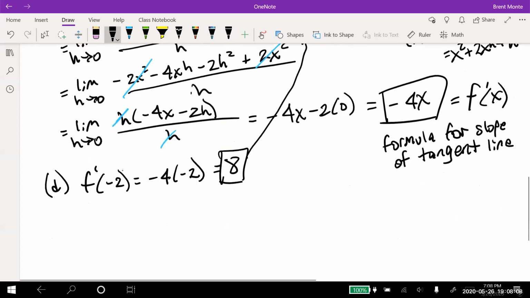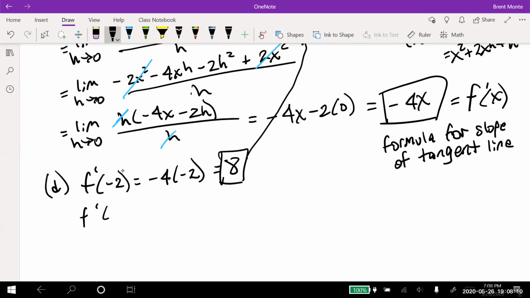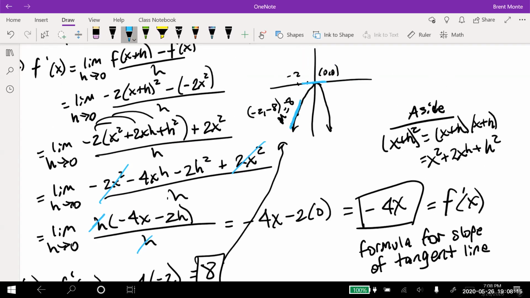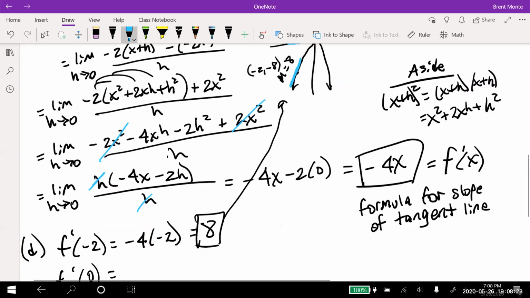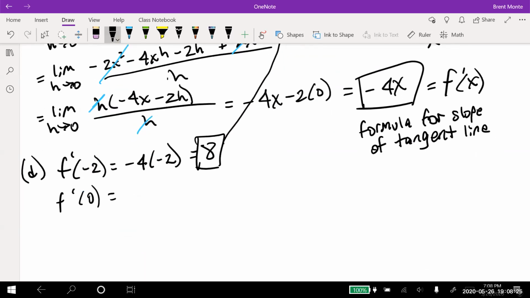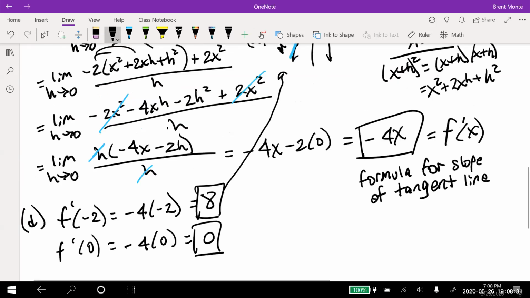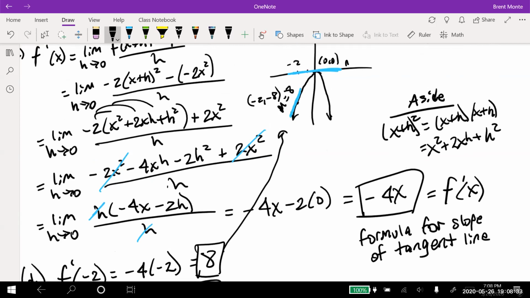And if I do f prime of 0, let's look at that. That was this one here, right? That's the slope of that line. That's a horizontal line. That slope is 0. So if I plug this in, negative 4 times 0, in fact, is 0. That's the slope of this line.